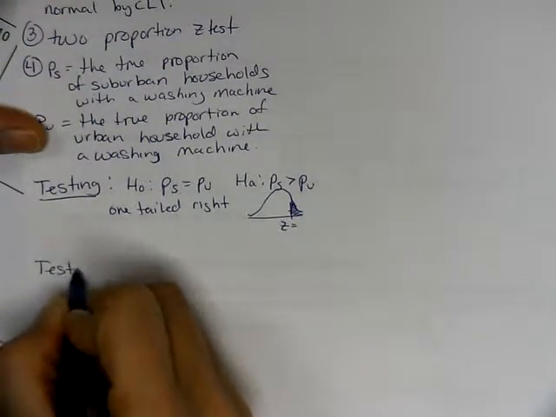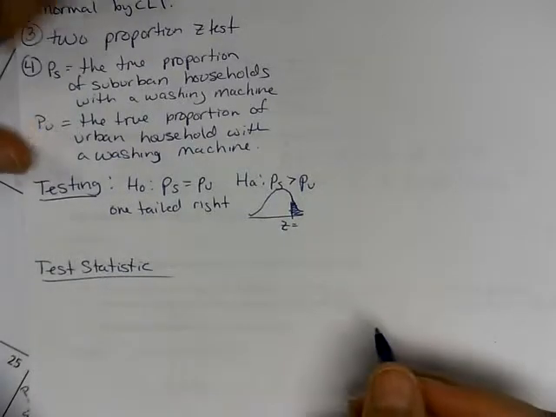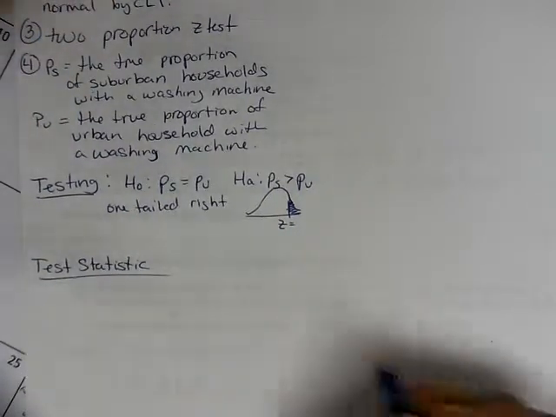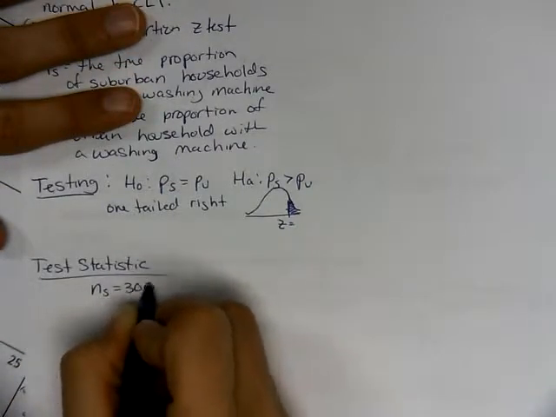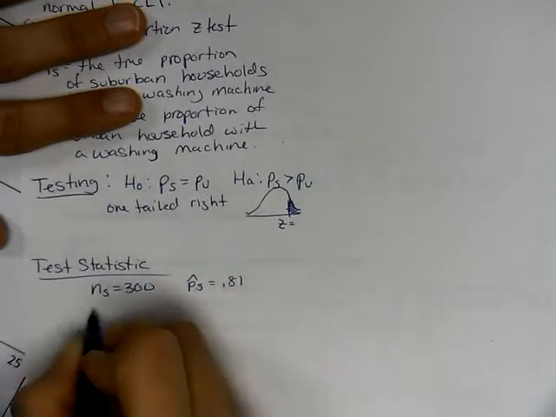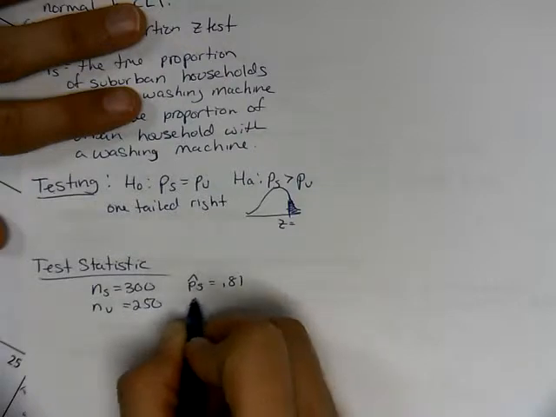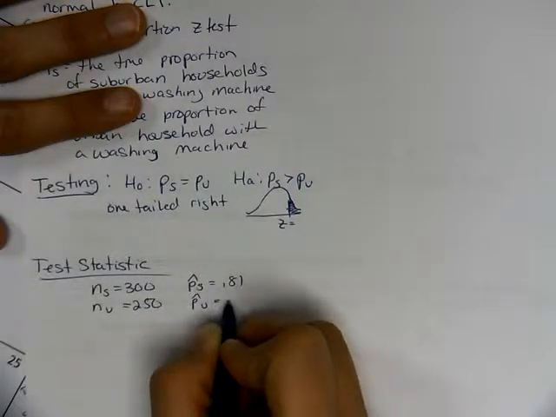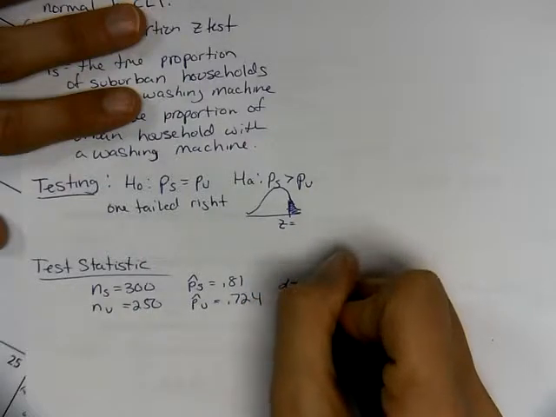So when I do my test statistic, you don't have to give me everything in the table. You don't have to give me the x's. But you know n of s was 300. P hat of s is 0.81. N for urban was 250. P hat for the urban was 0.724. Alpha's 0.05.